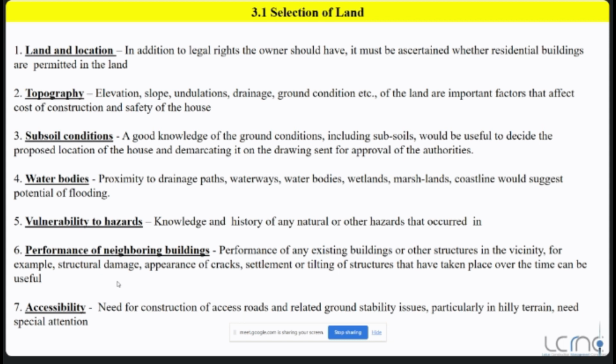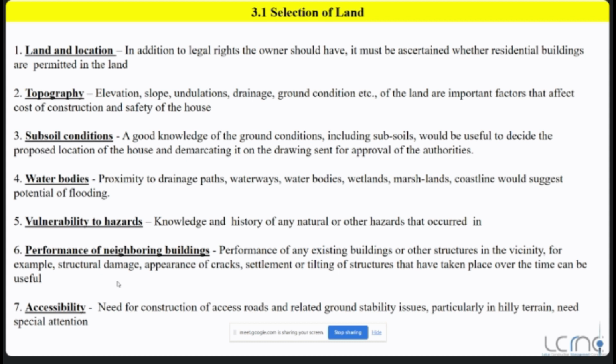You can get that information from the neighbors; you can ask neighboring people whether there are any issues with ground stability. Normally you need to omit hill terrain, unless your construction is of hotel type or villa type.